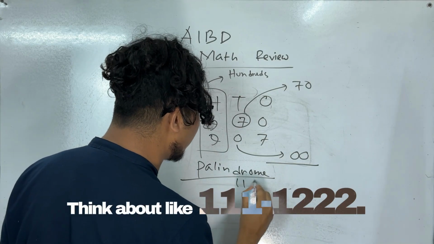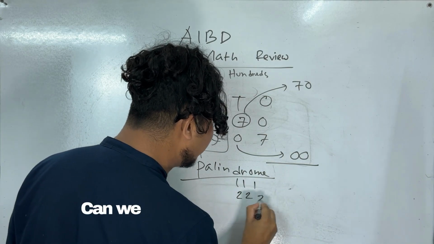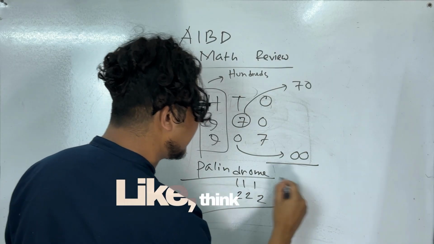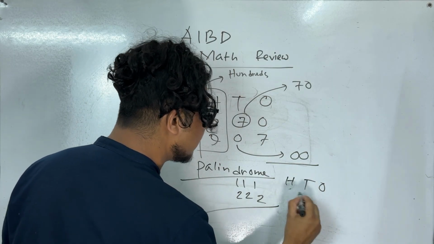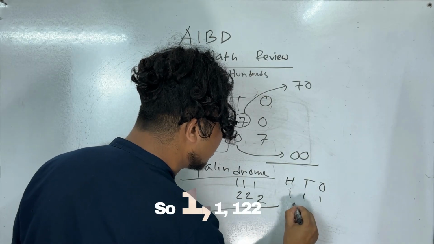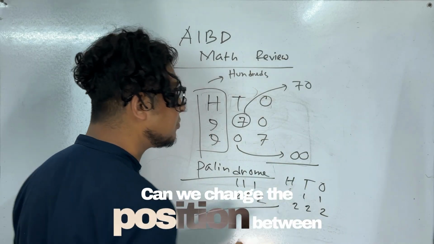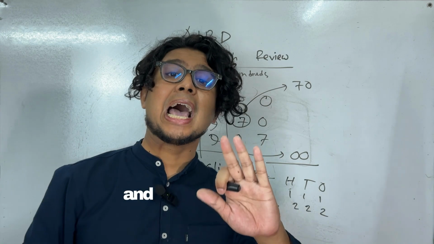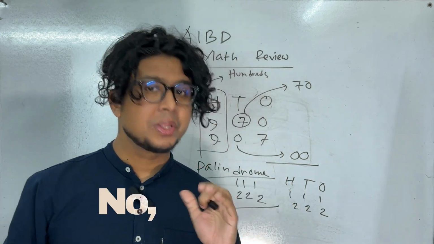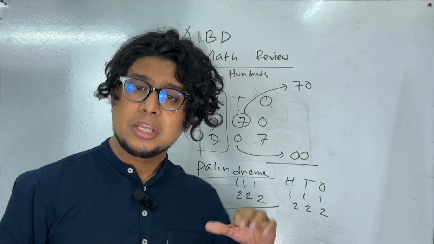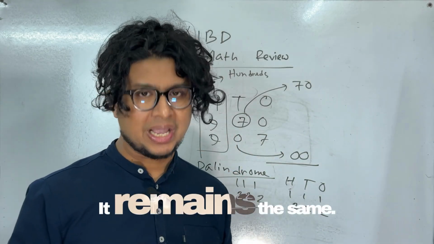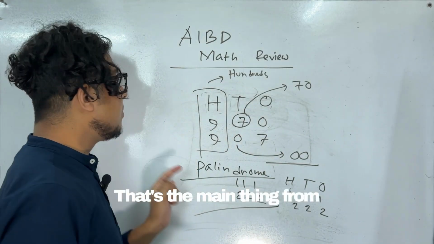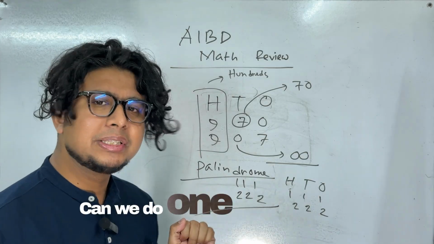Think about 111, 222. Can we change the position between hundreds, tens, and ones and make any changes? No. That's why with a palindrome, even if we change the position, it remains the same.